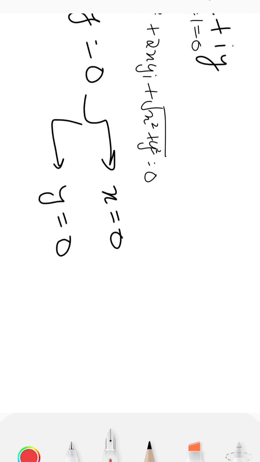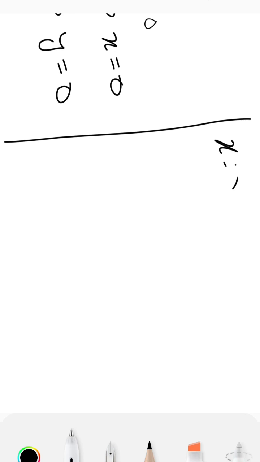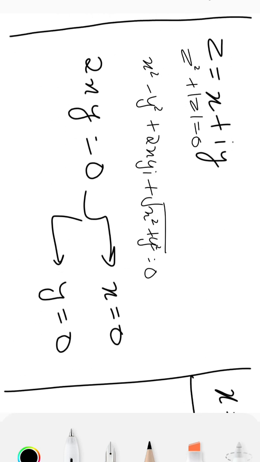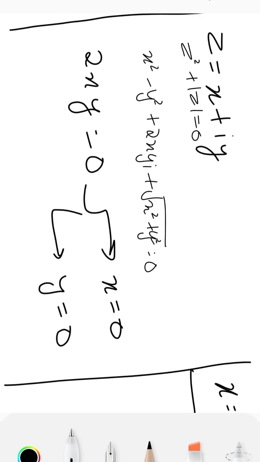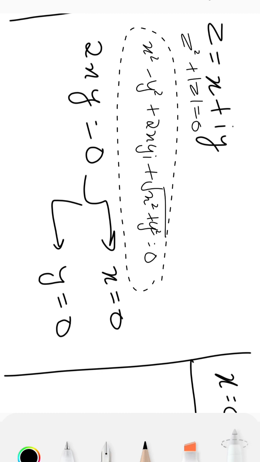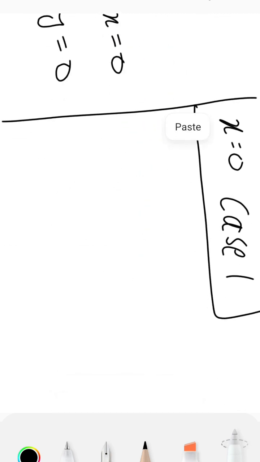So let me just take a case where let's say that x is equal to 0. Okay, now this can be considered as case 1, x equal to 0. So when you're putting x is equal to 0, from this equation, if I copy this equation, because it is going to be helpful in all the parts, right?